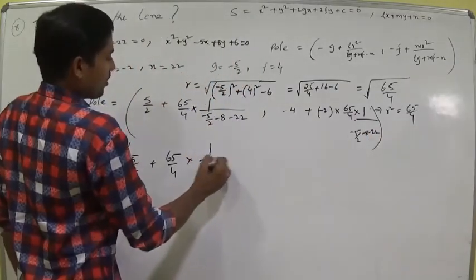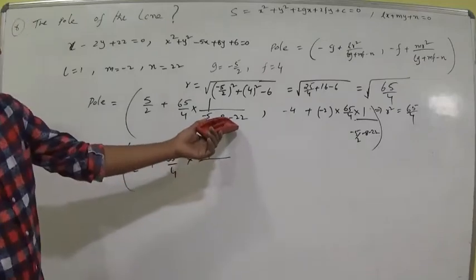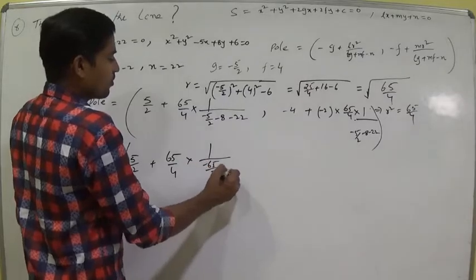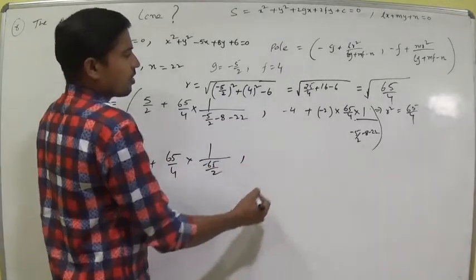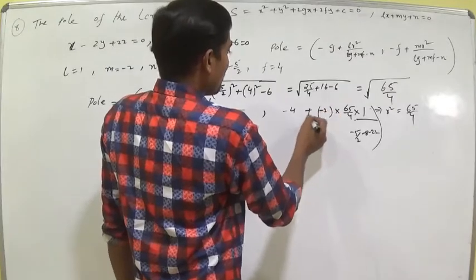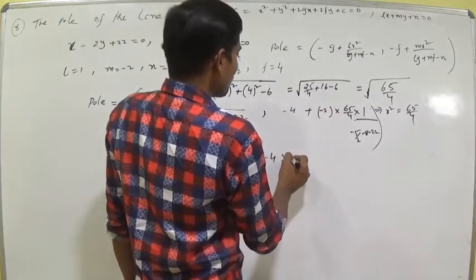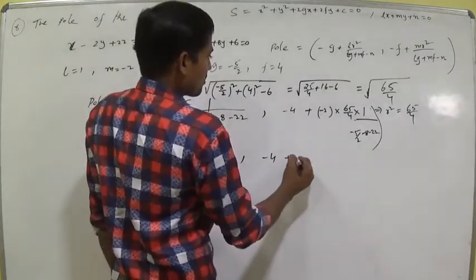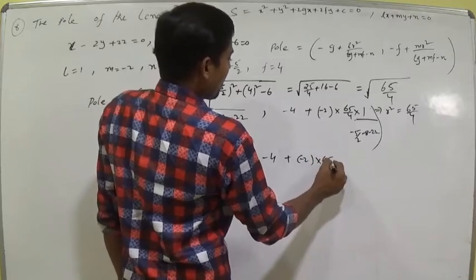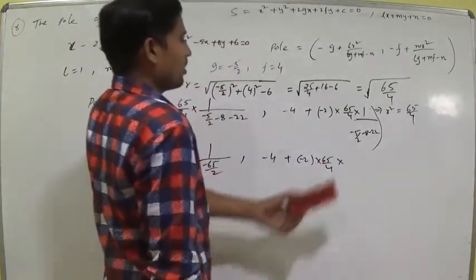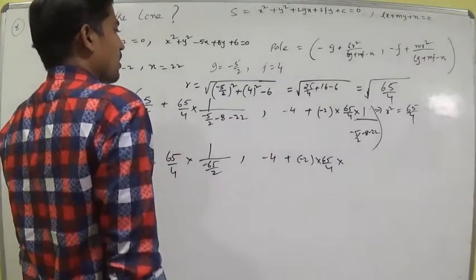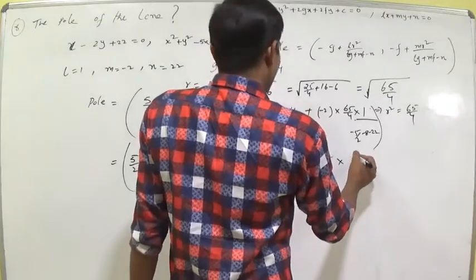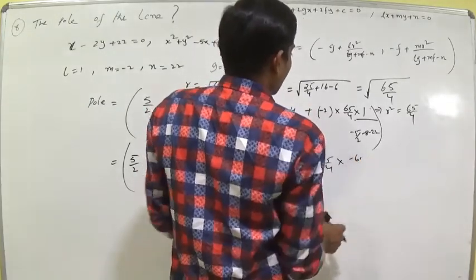That is 65 by 4 into 1 by minus 30 minus 60 minus 65 minus 65 by 2 comma, see here minus 4 plus minus 2 into 65 by 4 into minus 30 minus 65 by 2 minus 65.